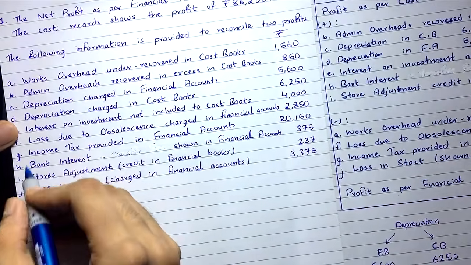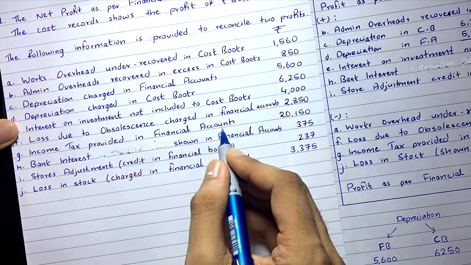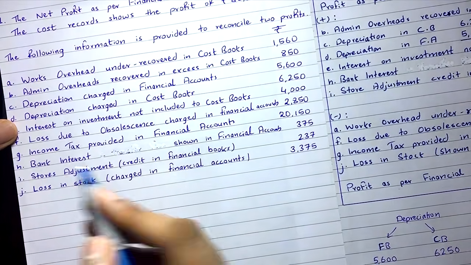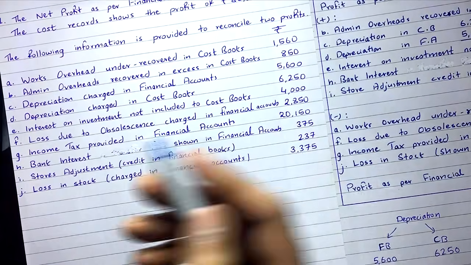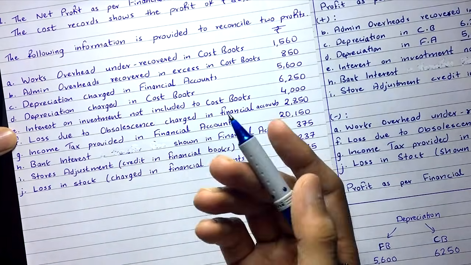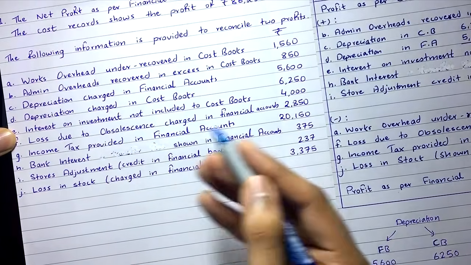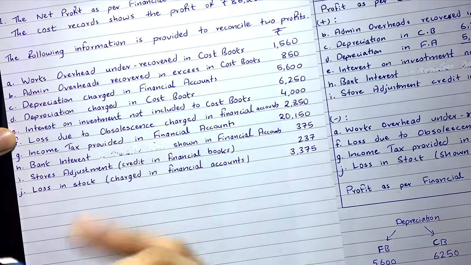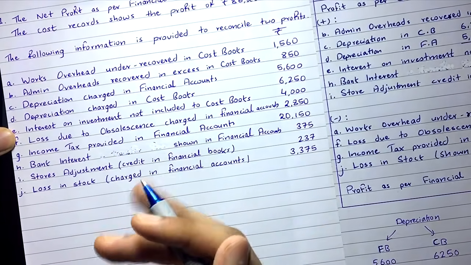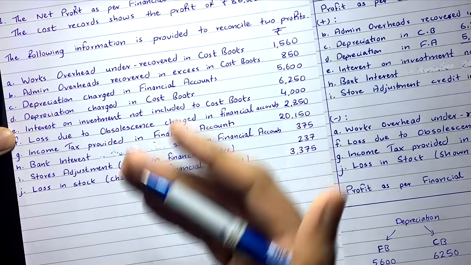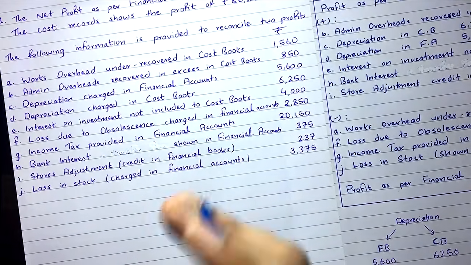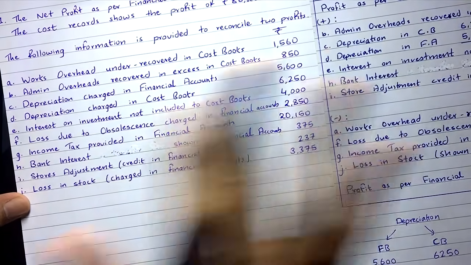Then we have income tax provided in financial accounts. Now what is income tax? Income tax is something you pay to the government. So it's an expense. If expense is provided in financial accounts, that means it has been recorded in financial accounts. And always remember this: goodwill, income tax, interest on investment, bank interest, these are all purely financial items which will always be recorded in financial accounts and not in costing.